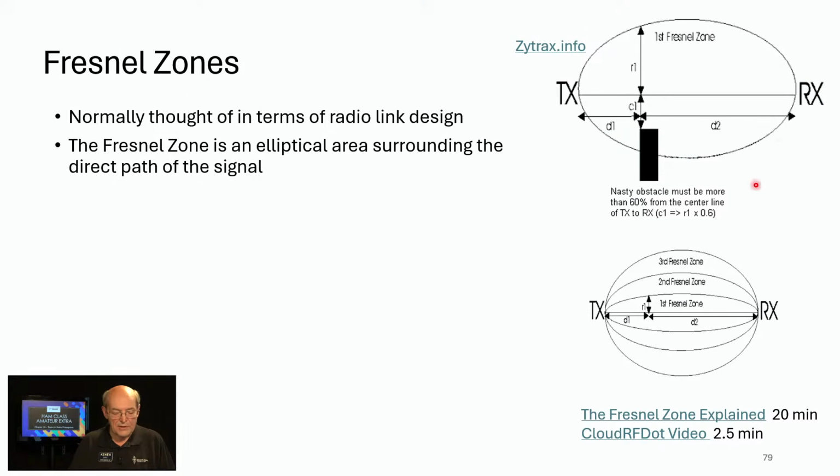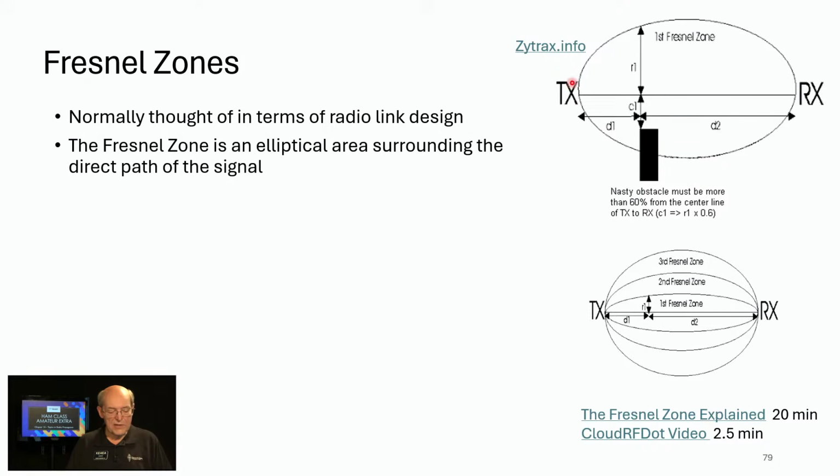It's an area in which if an object infringes into that zone, there's going to be some reflections from that object that will decrease the signal strength on the receive side. So this is quite often something that's taken into consideration when people are designing microwave paths. They do a site survey, they look at the transmit antenna, the receive site, and see if there are any obstacles within this Fresnel zone, which would decrease the signal strength.